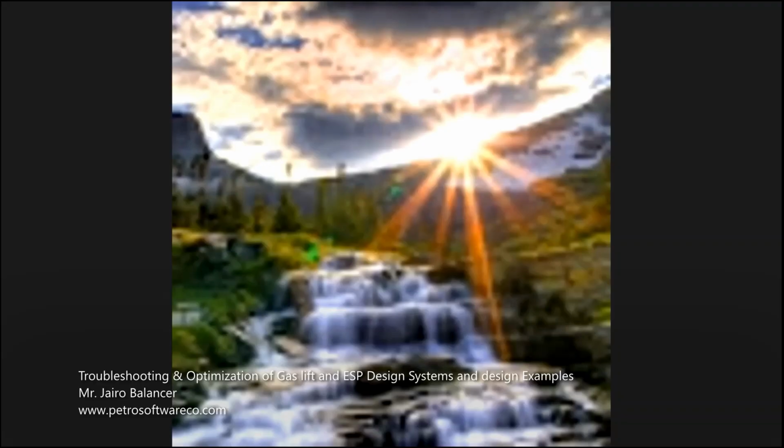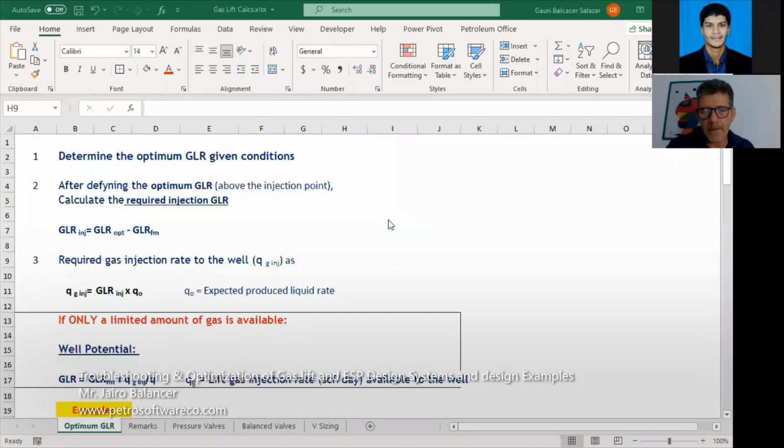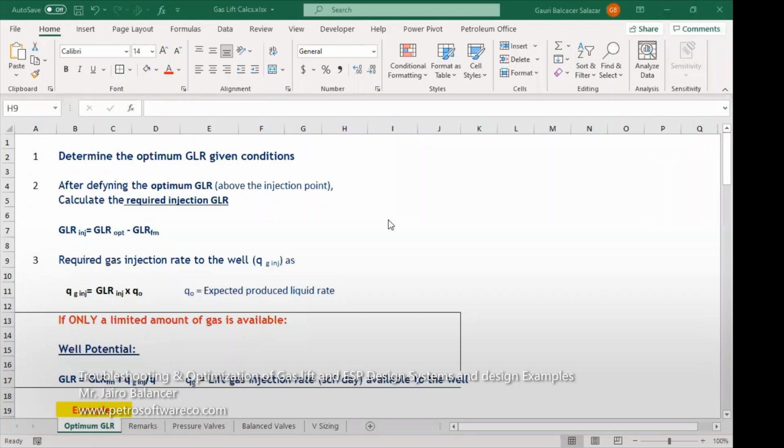I will load the example. Here we have the example. The idea then is to determine the optimum gas lift ratio given any conditions. Once we define the optimum gas lift ratio, we need to calculate the required injection gas lift.